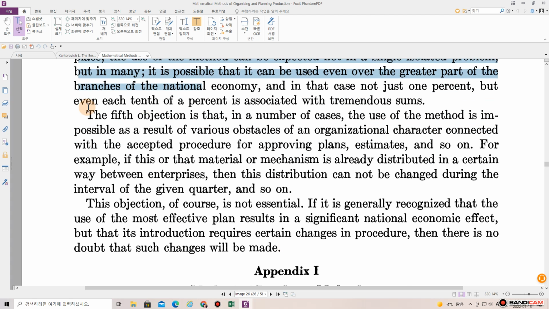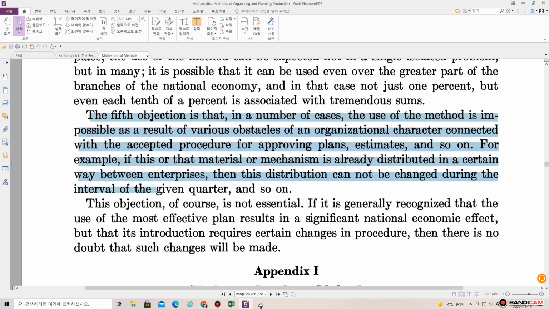The fifth objection is that in a number of cases, the use of the method is impossible as a result of various obstacles of an organizational character connected with the accepted procedure for approving plans, estimates, and so on. For example, if this or that material or mechanism is already distributed in a certain way between enterprises, then this distribution cannot be changed during the interval of the given quarter, and so on.